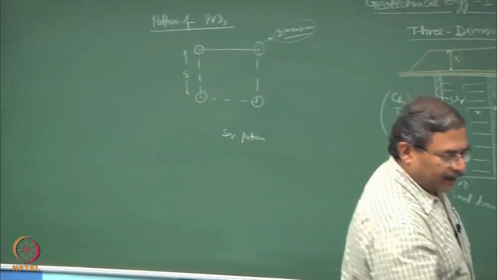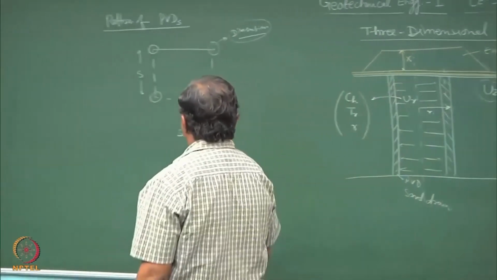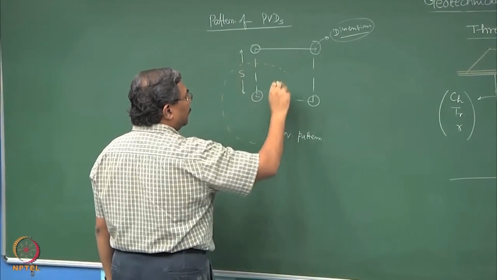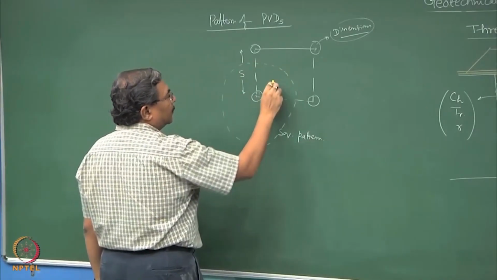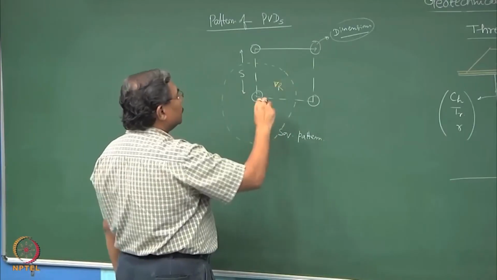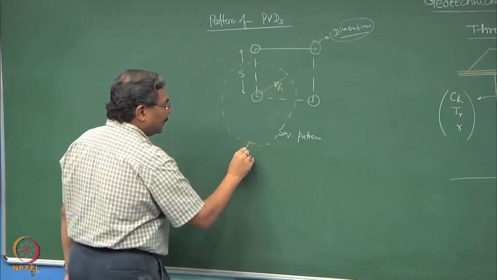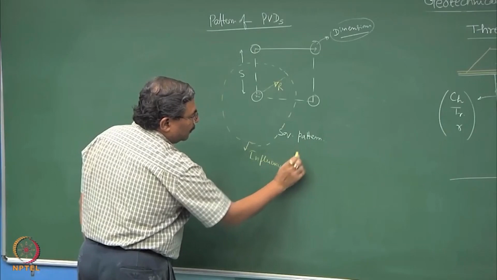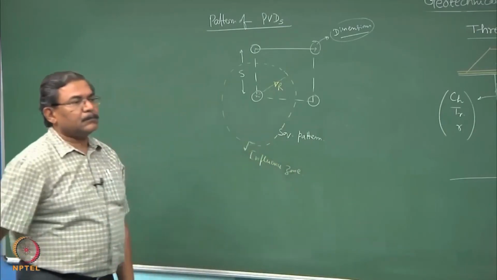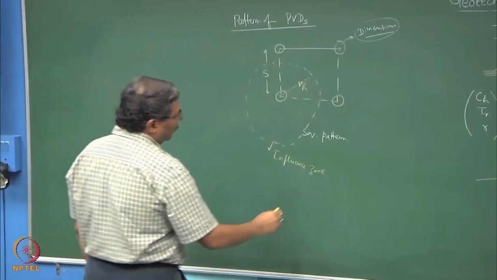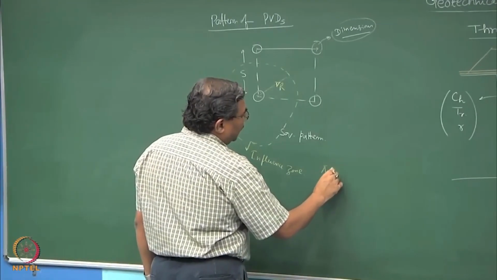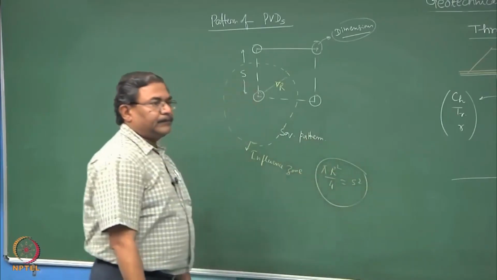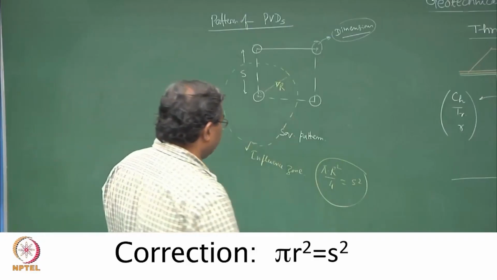What I can do is obtain an effective R, which is known as the influence radius of each drain. So, this becomes my capital R, the radius of the influence zone, and then I can go for equivalence. I may say pi R square by 4 is equal to S square, and I can get a relationship between S and R.